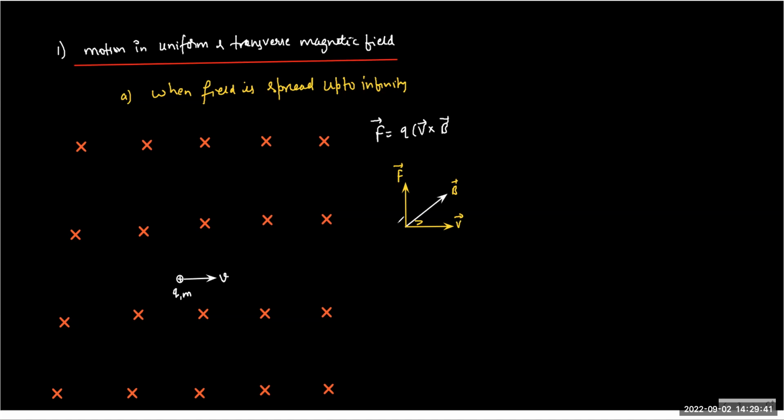It will be changing the direction of the particle, obviously, but the magnitude won't be changing at all, because there is no tangential component. So to change the magnitude, we need some tangential component, which is totally absent here, right?